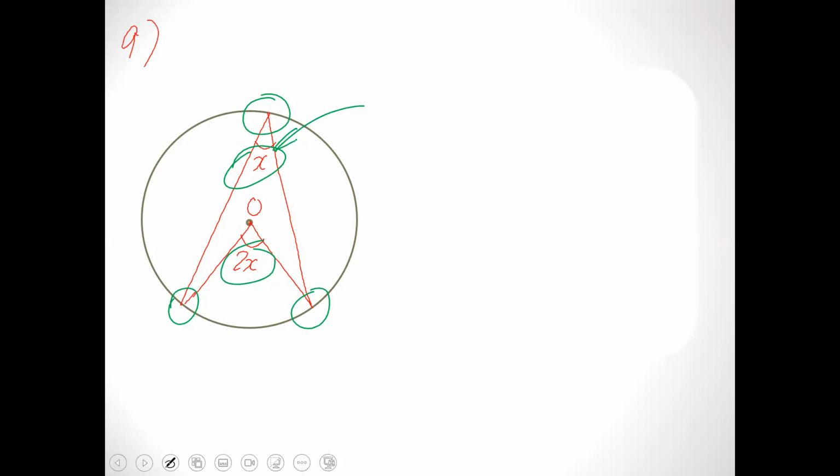Angle at the center is twice the angle at the circumference. So this angle is 2x and this angle is x. Now you have to copy this screen.